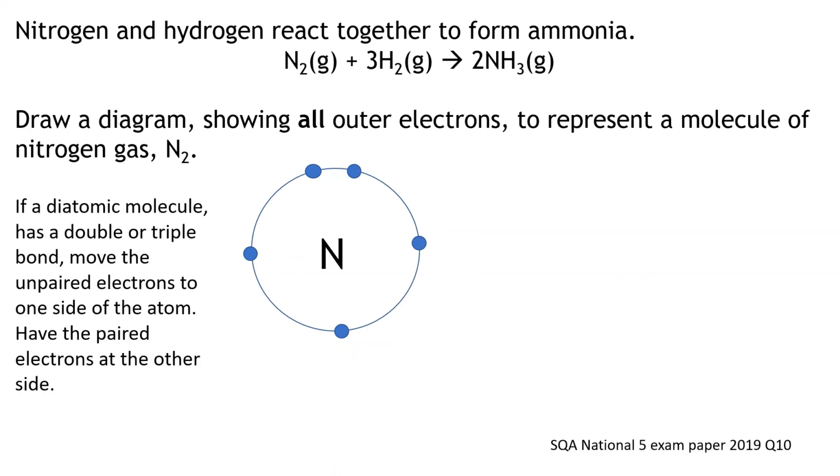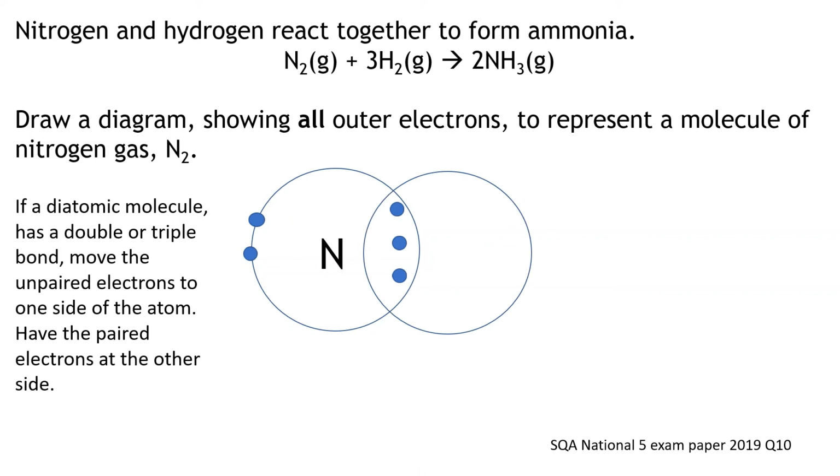You can generally assume that if you have a diatomic molecule that has a double or a triple bond, in this case a triple bond because this molecule is going to have 3 shared pairs of electrons, it's a good idea to have the other pair of electrons that are not shared on a different side of the atom as well. You'll soon see what happens when I show this diagram. If we move this electron over here, and we have 3 unpaired electrons at the right hand side, it allows these 3 unpaired electrons to be shared with the other nitrogen atom.